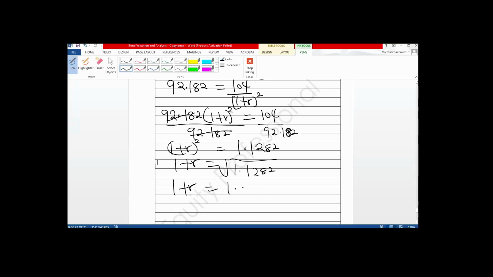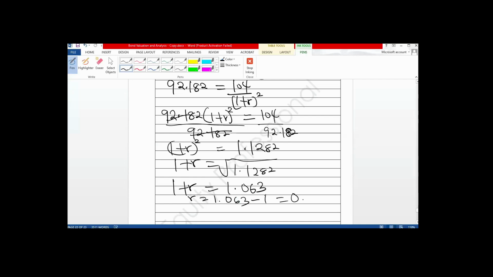1.063. What is your R? R is equal to 1.063 minus 1.